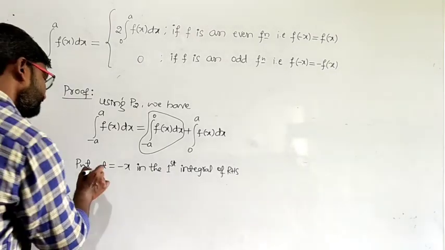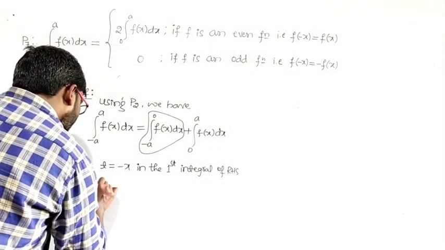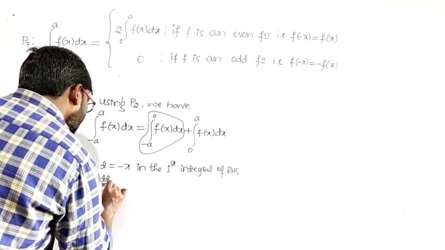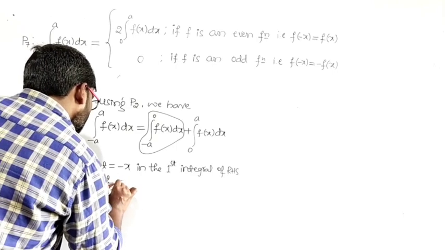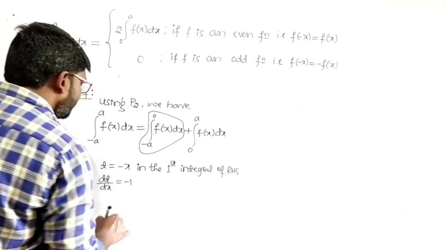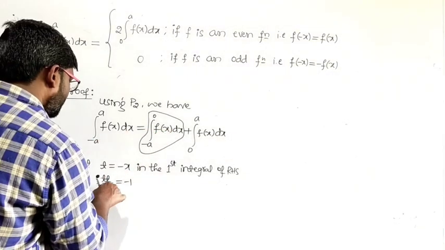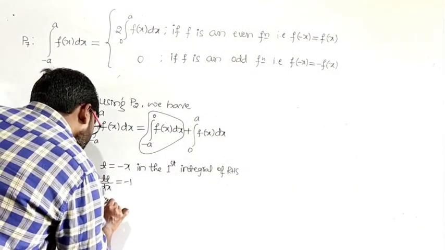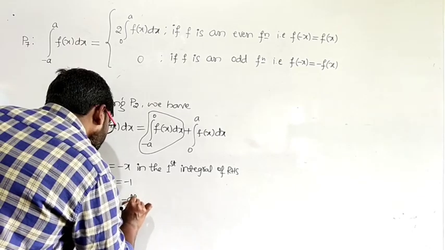So now differentiate both the sides, dt by dx is equal to minus 1, but here we need only dx. So therefore dx is equal to minus dt.